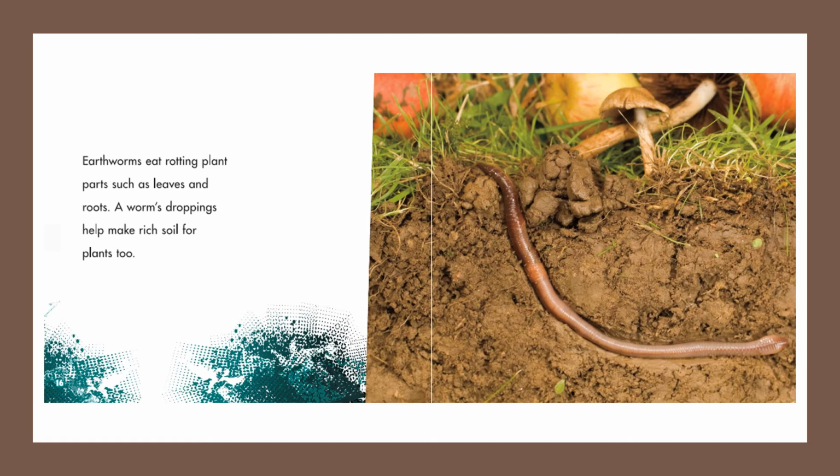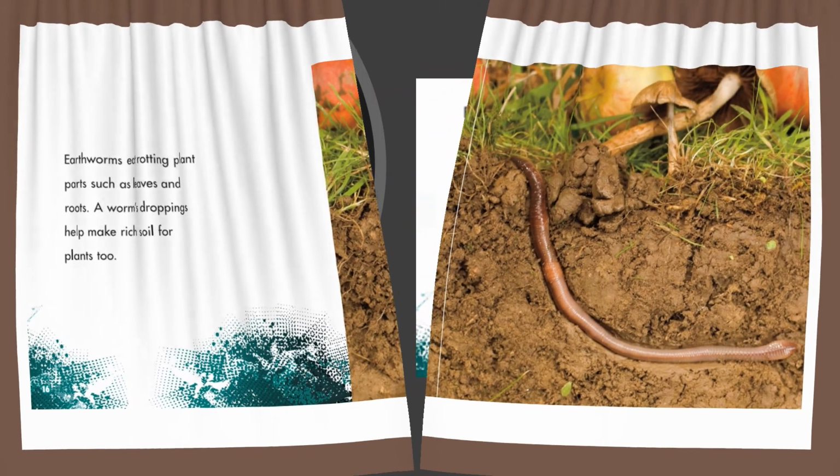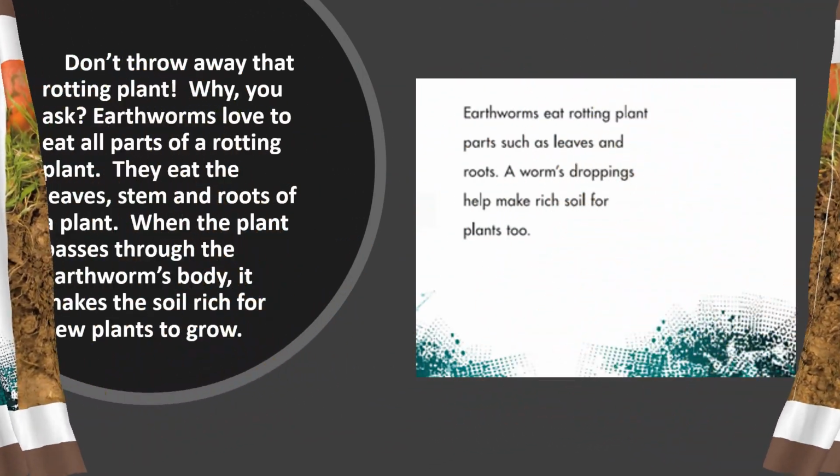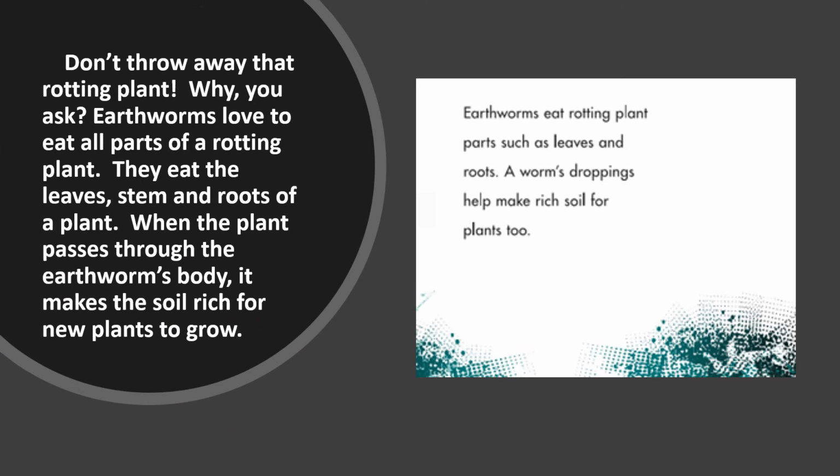So let's take a look at how I can use the facts from just this little bit of information and how I can make it exciting by using a lead to make the reader want to read more. Earthworms and what they eat. Take a look at the left.